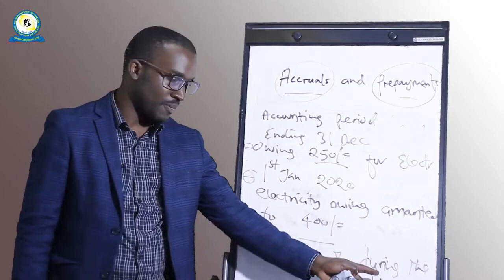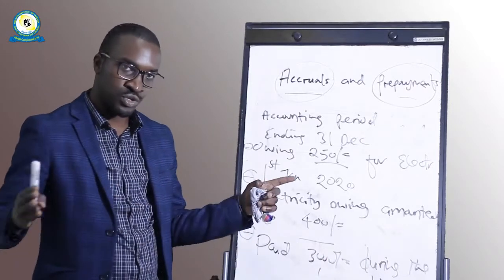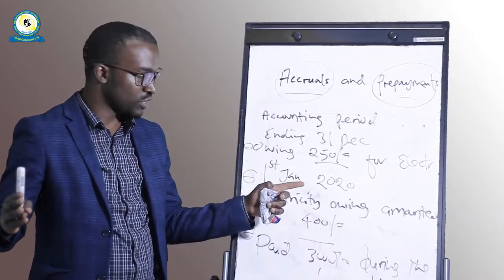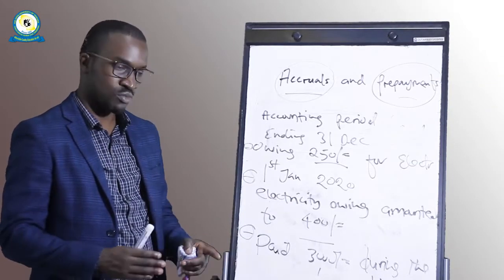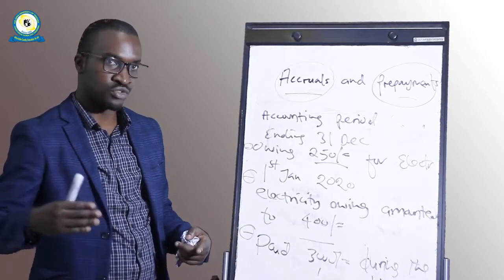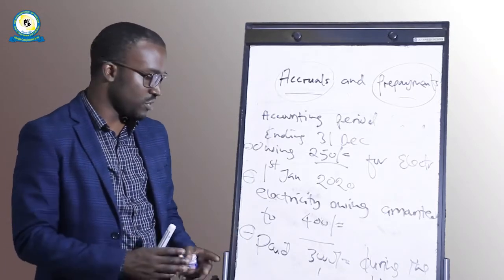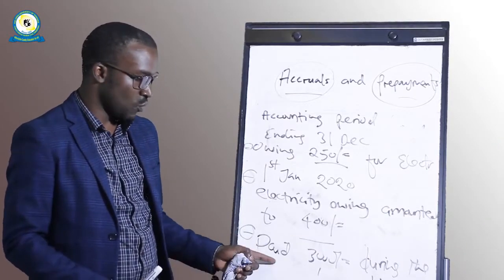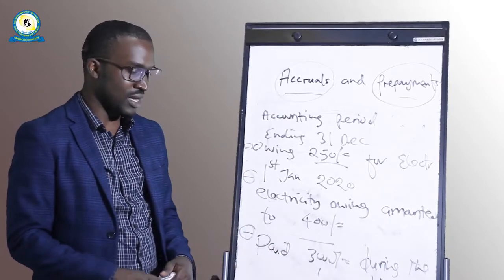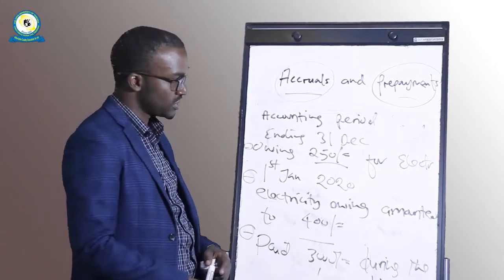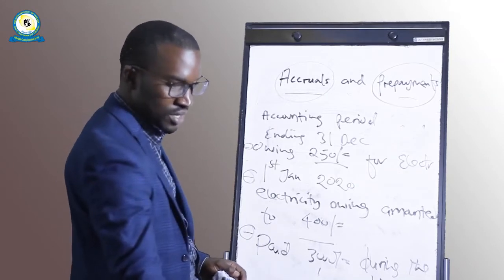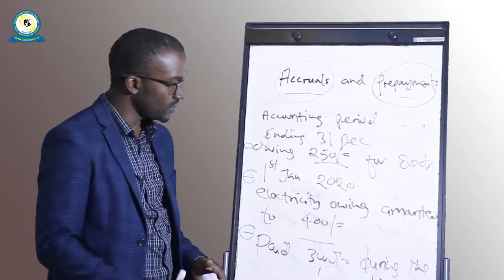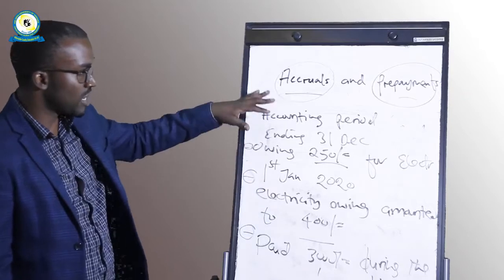But during the whole period of 2020, and then I assume I've extended, I know that we've not reached, but this is for the purpose of understanding. Now, during the year 2020, we paid 3,000 as electricity expenses. Now from this case, you can understand that we have cases here whereby accruals come in.